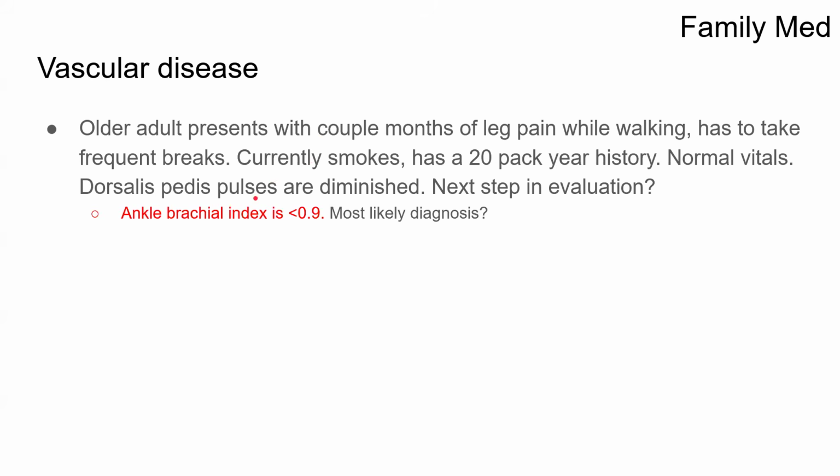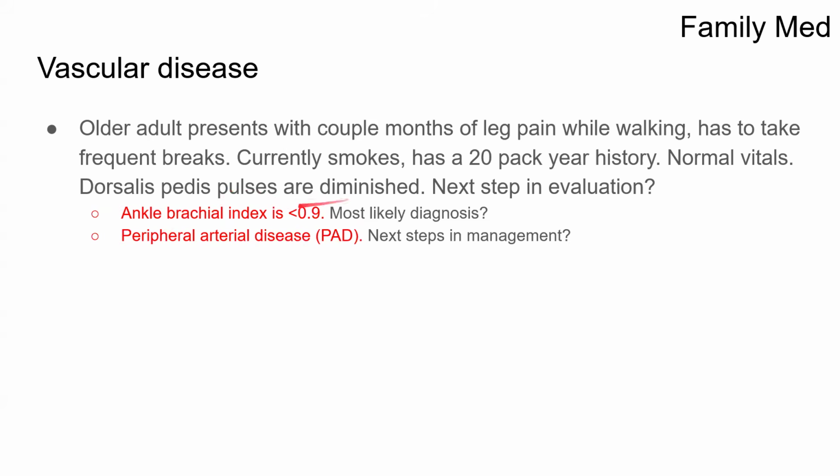You want to get an ankle brachial index. Well, what is the most likely diagnosis? So you get the ankle brachial index and it's less than 0.9. You get this to check for peripheral arterial disease, or PAD. The ankle brachial index is where you measure the blood pressure at the ankle and the brachial blood pressure.